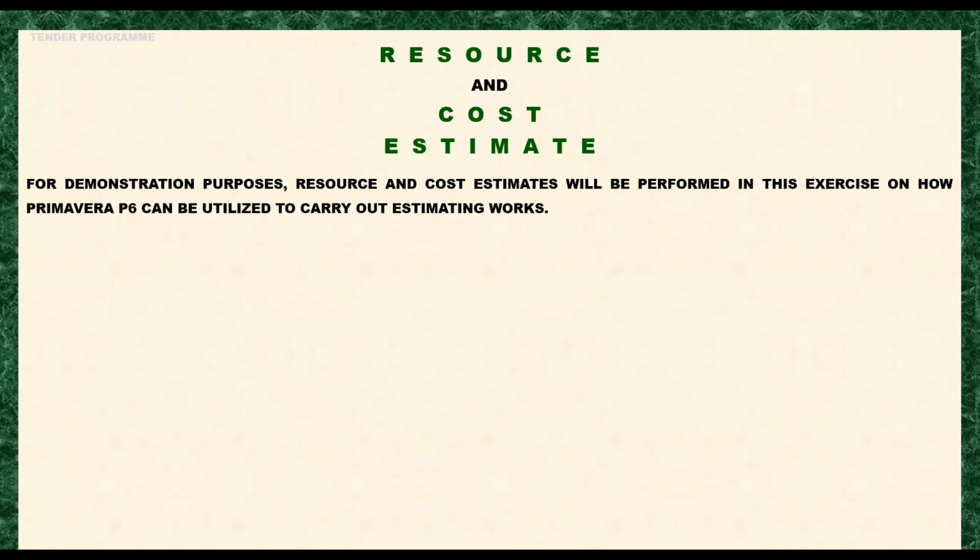Let me say something about this one. This could be of great advantage to your organization if, besides being in charge of planning and scheduling assignment, you also excel in estimating works, which you could perform both at the same time.